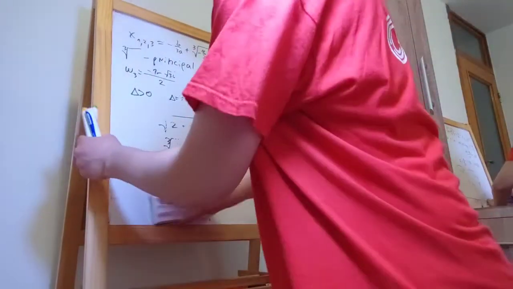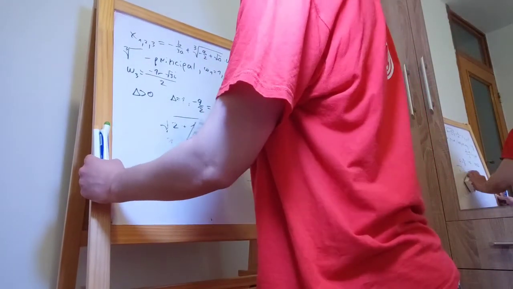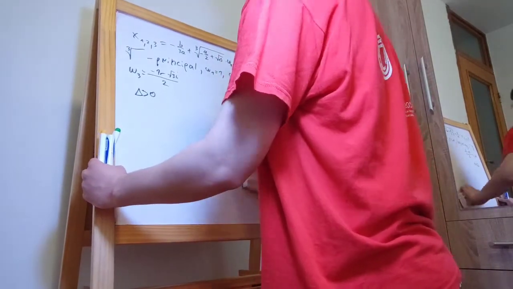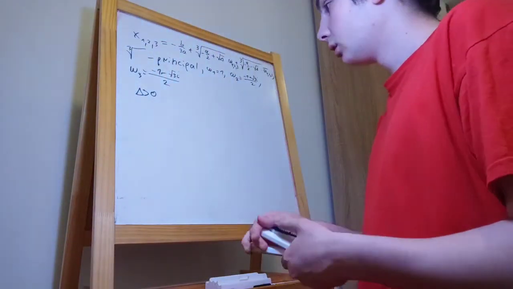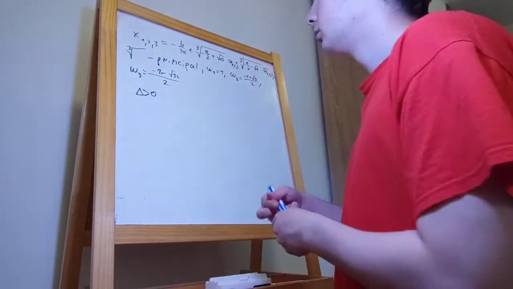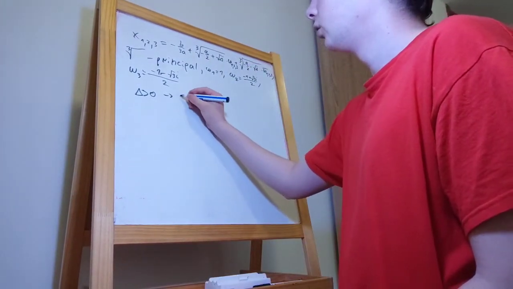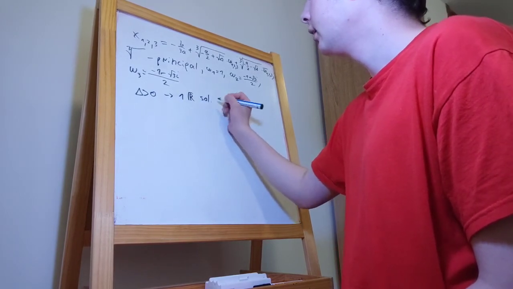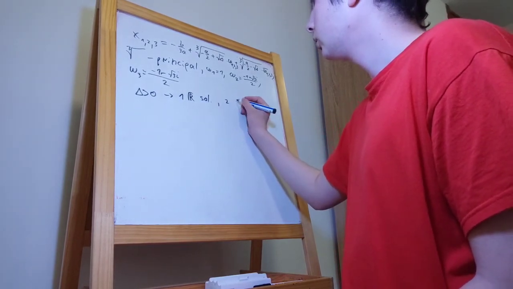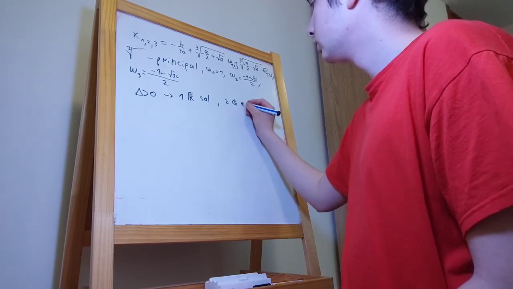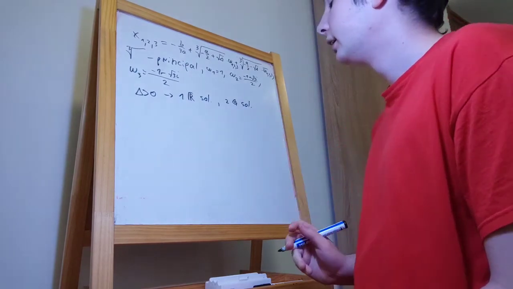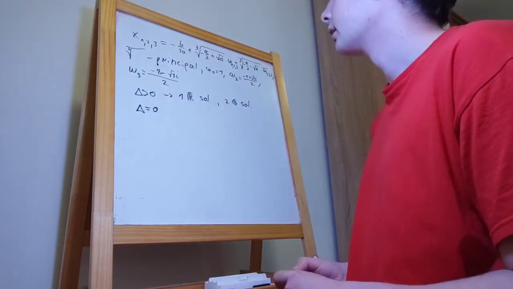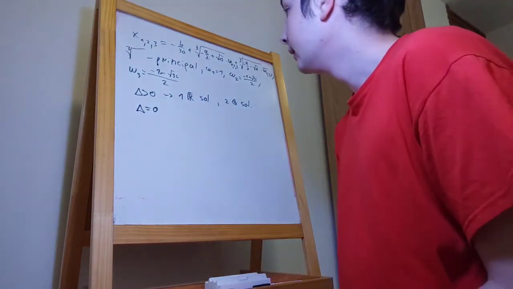So we can safely say that we have one real solution and two complex solutions.